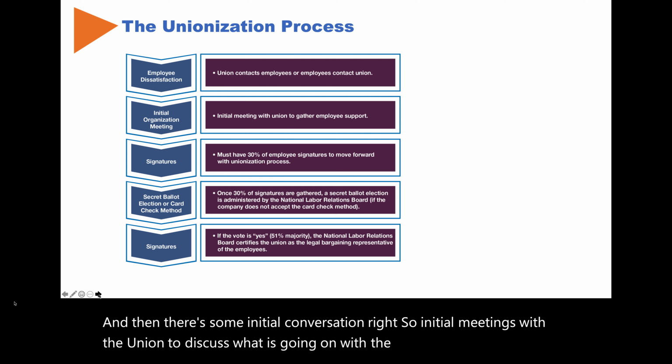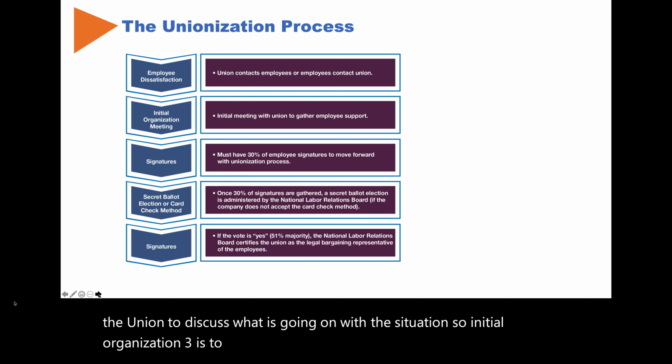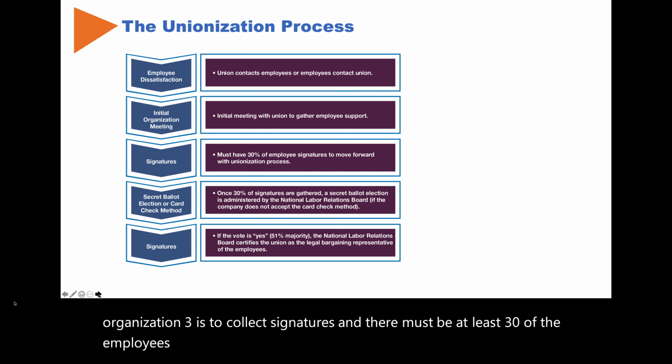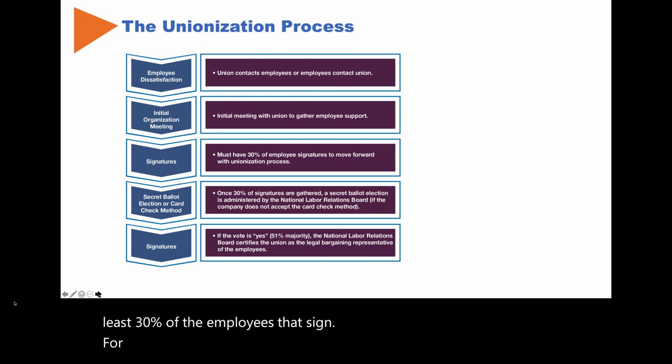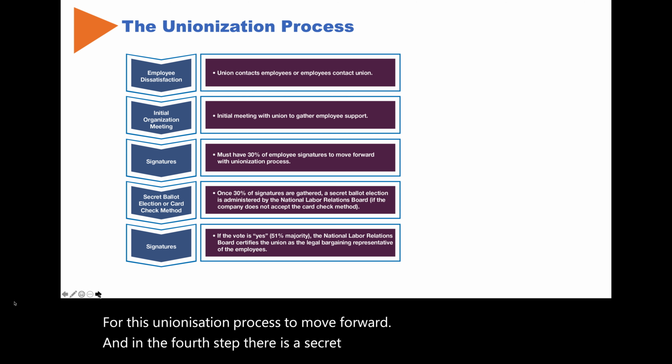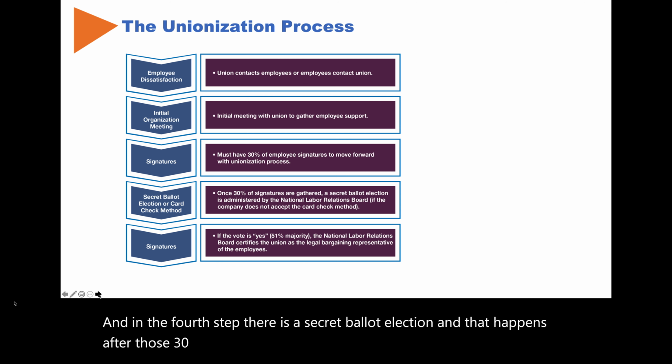So that is the initial organization. Number 3 is to collect signatures. And there must be at least 30% of the employees that sign for this unionization process to move forward. And in the 4th step, there is a secret ballot election, and that happens after those 30% of signatures have been gathered.